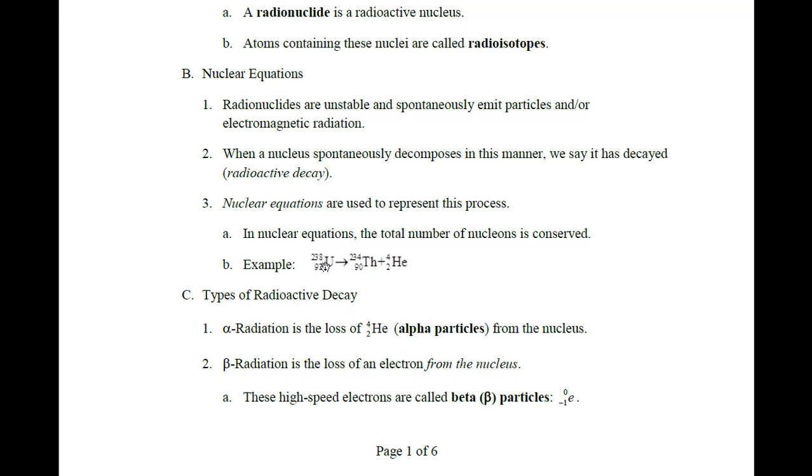So what's going to happen is this uranium-238 atom is going to emit 2 protons and 2 neutrons. And so those 2 protons and 2 neutrons are the equivalent of a helium nucleus.